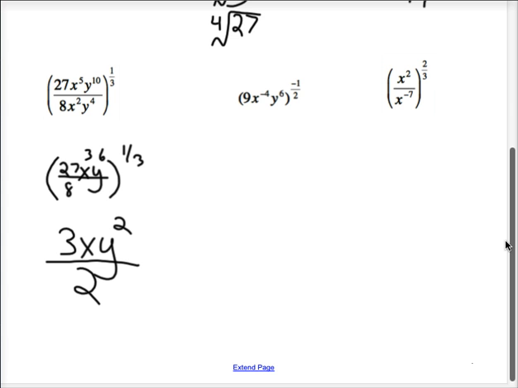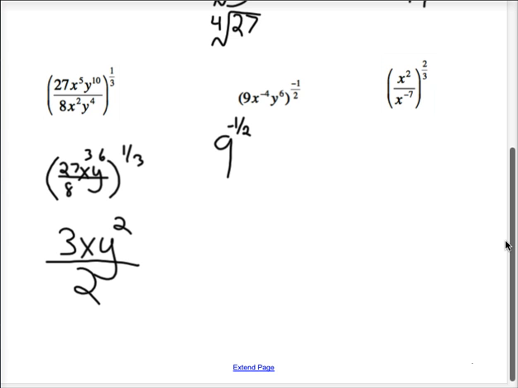All right, moving on to our next example. So in this example, we have 9x to the negative 4, y to the 6, all to the negative 1/2 power. Now, there's multiple ways you can go about doing this. However, what I would do is I would just put that negative 1/2 into everything. So just like we did in the previous example, we're going to get 9 to the negative 1/2 power.